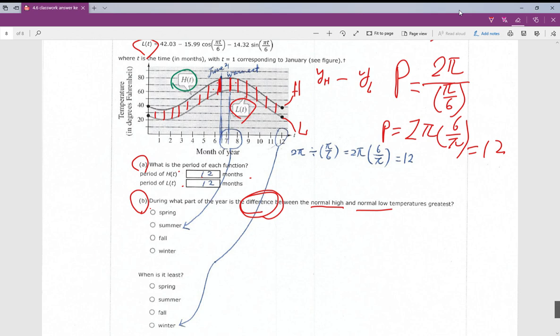During what part of the year is the difference between normal high and normal low the greatest? Yes, okay. So when the difference is greatest, they are talking about the y value. The difference of the y value is greatest.